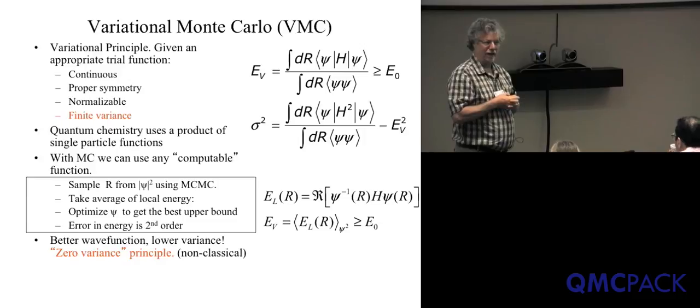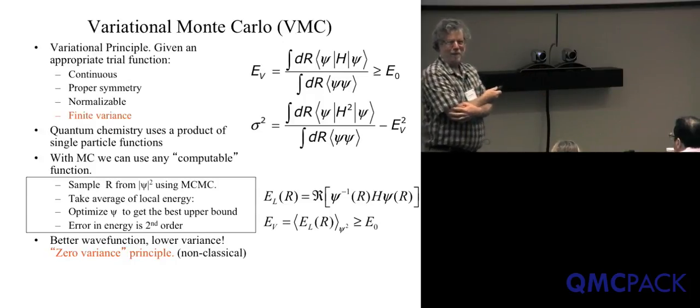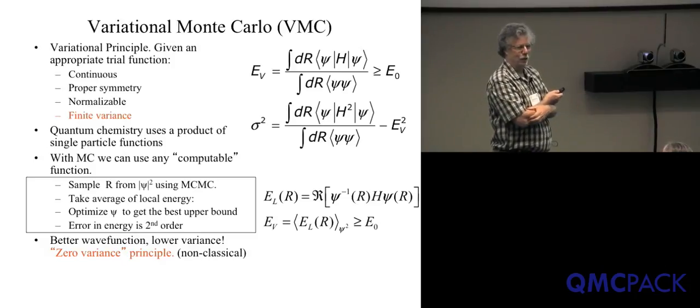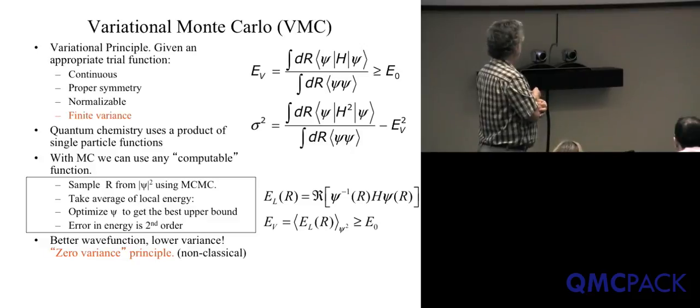It would be nice if we could calculate it in a millisecond or some fast time. If it takes one day to compute it, then it's not very useful for quantum Monte Carlo. So basically, we sample R from psi squared using a Markov chain. We take the average value of the local energy. We've learned how to do average values.